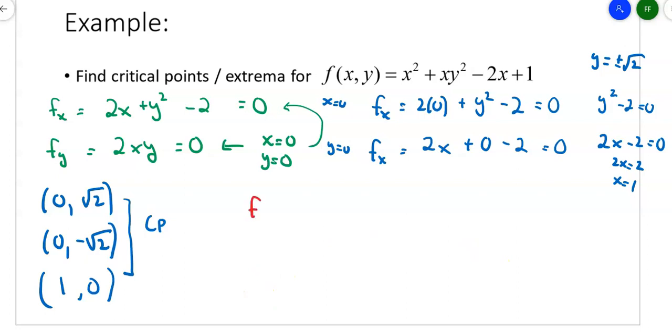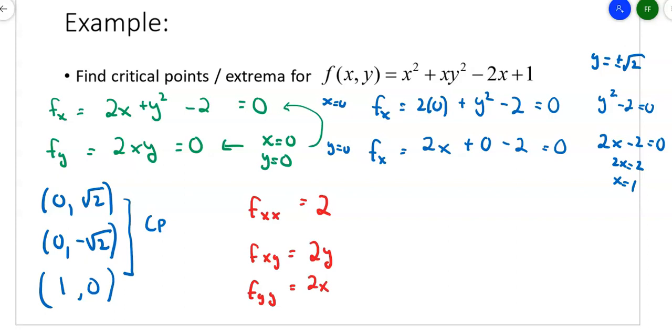So the partial with respect to x, derived again with respect to x, is just going to be 2. Right? The y squared and the minus 2 will go away. The partial with respect to x and then with respect to y is going to give me a 2y. The partial with respect to y and then y again is going to give me a 2x.